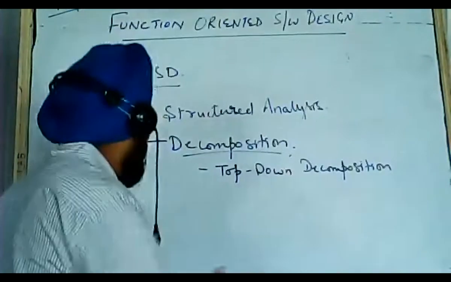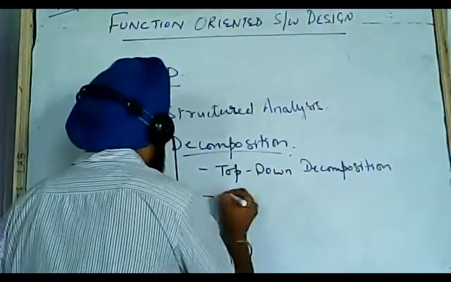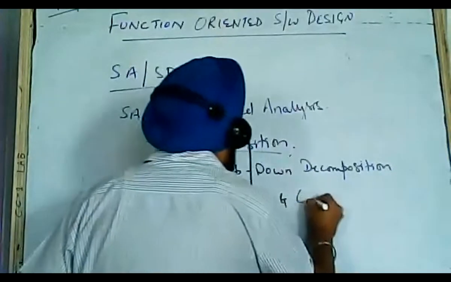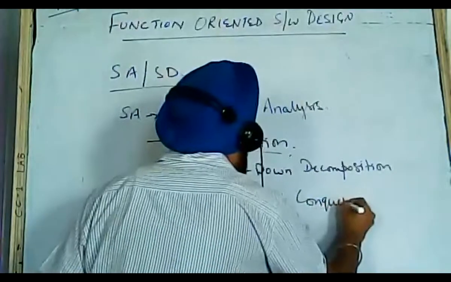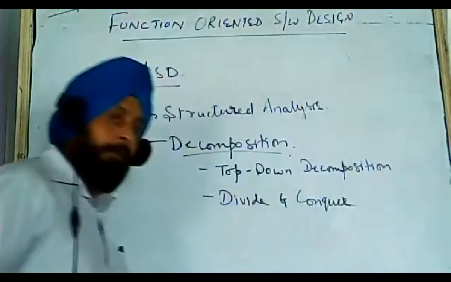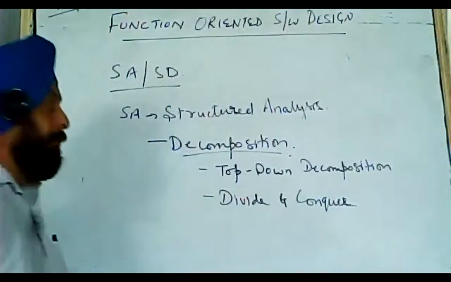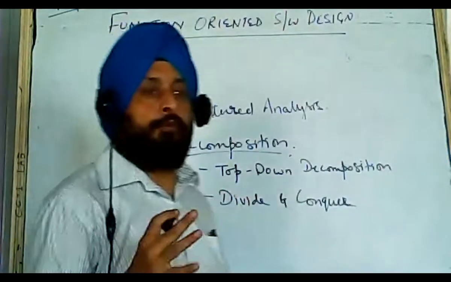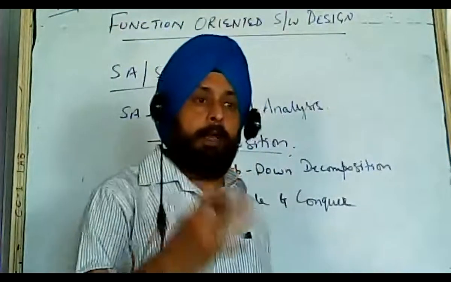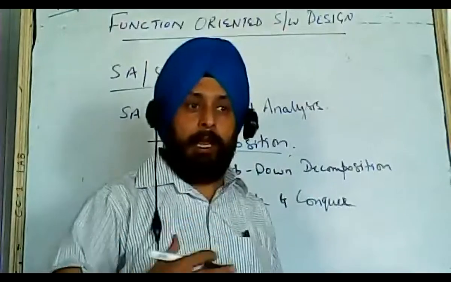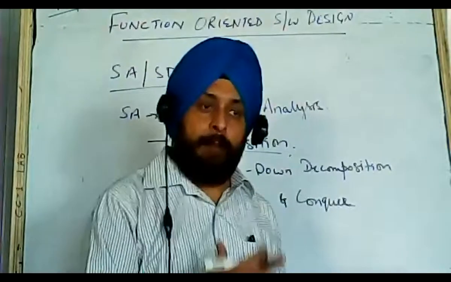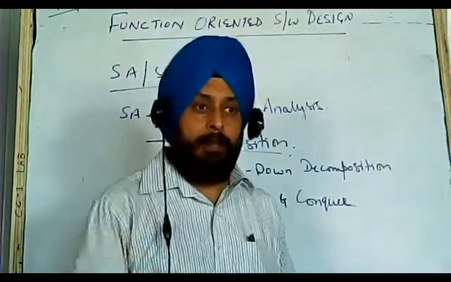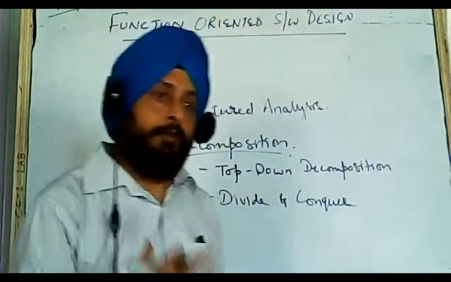So it also deals with one of the very common principles, that is divide and conquer. The divide and conquer principle means we have to see the whole problem as a whole, then divide the main problem into small sub problems, solve the sub problems separately, then combine the results of all the sub problems, and we find the result of the overall problem.